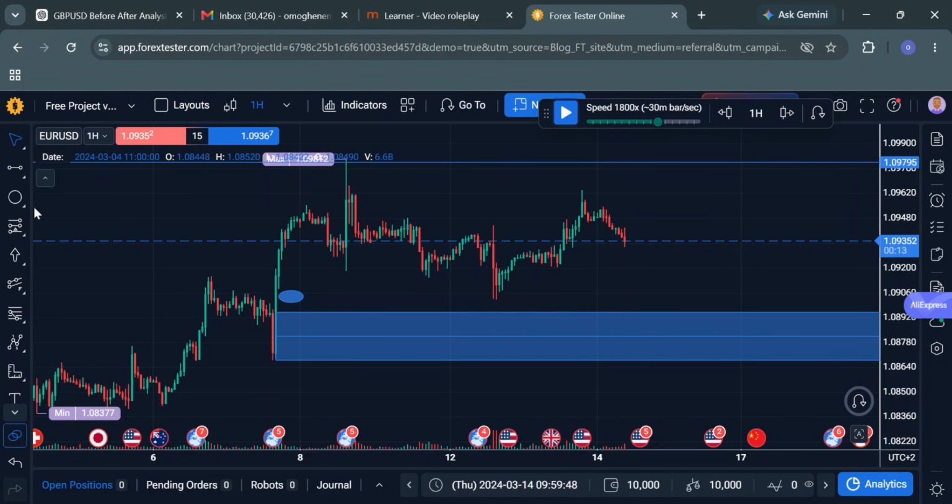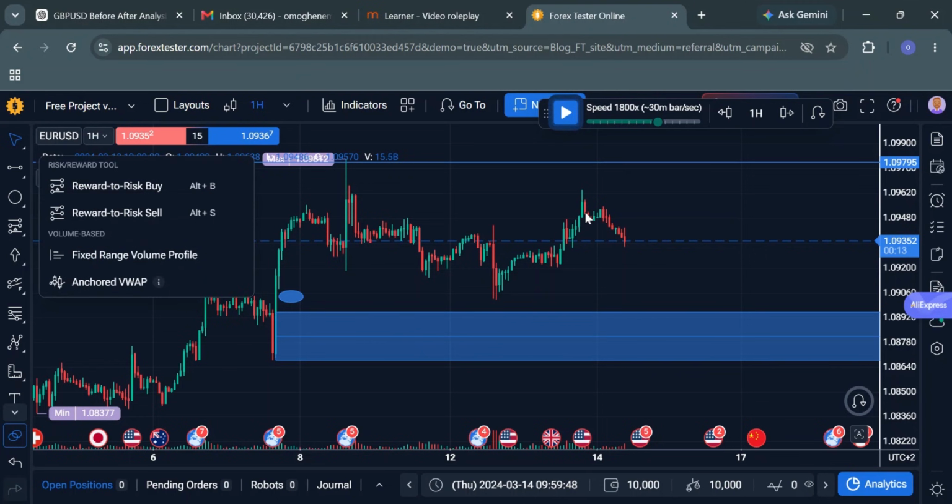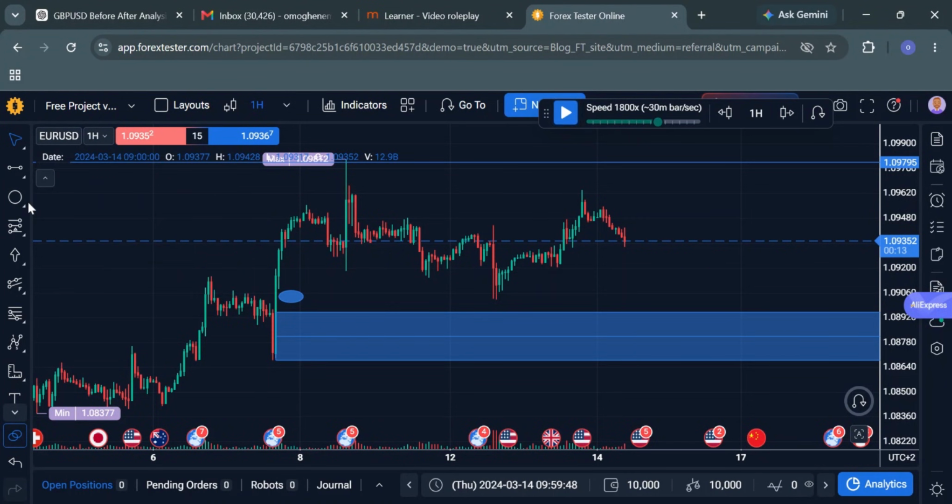So I'm going to be drawing my order block, and since I'm selling here, I'm going to use a rectangle. Since I'm going to be selling in this market, this is going to be my supply zone. So I'm going to set my order block at this level for my sell order.